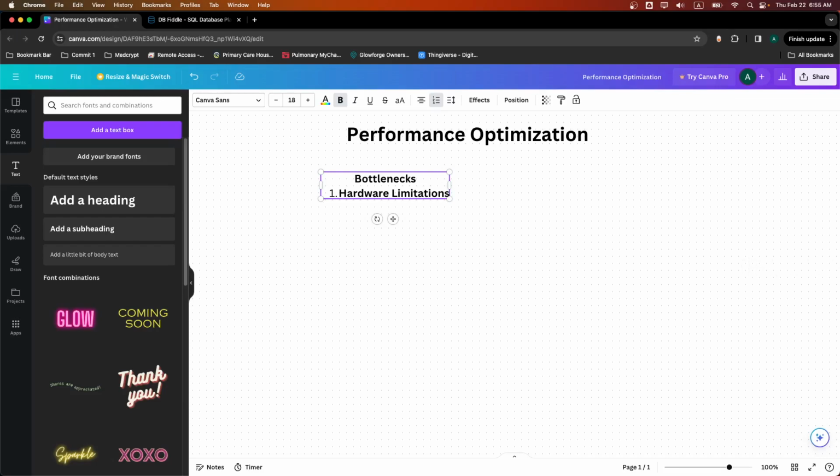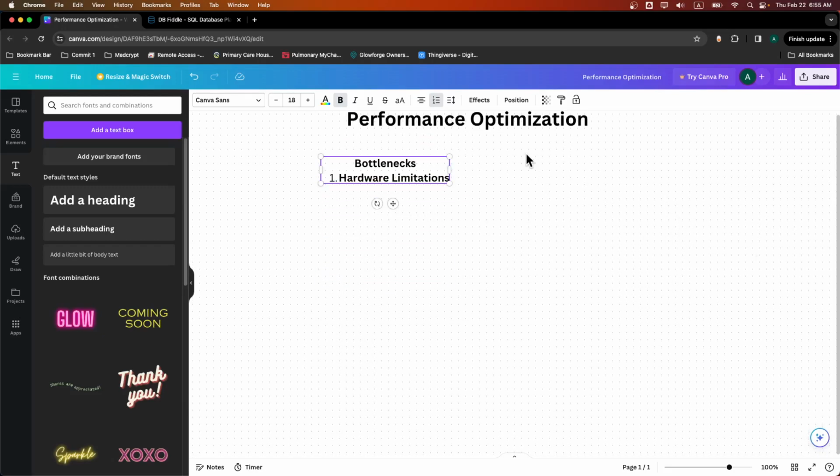Or if you have inadequate RAM, that's going to slow you down. Or if you have slow storage, like instead of SSD you have the old school hard disk, that's definitely going to slow you down.